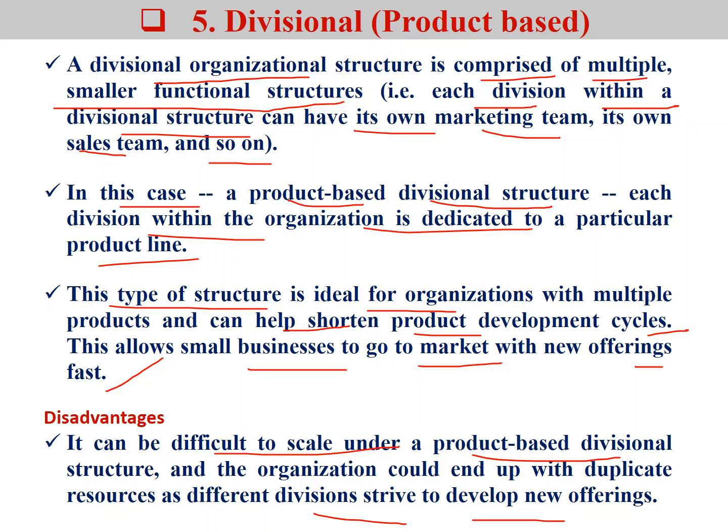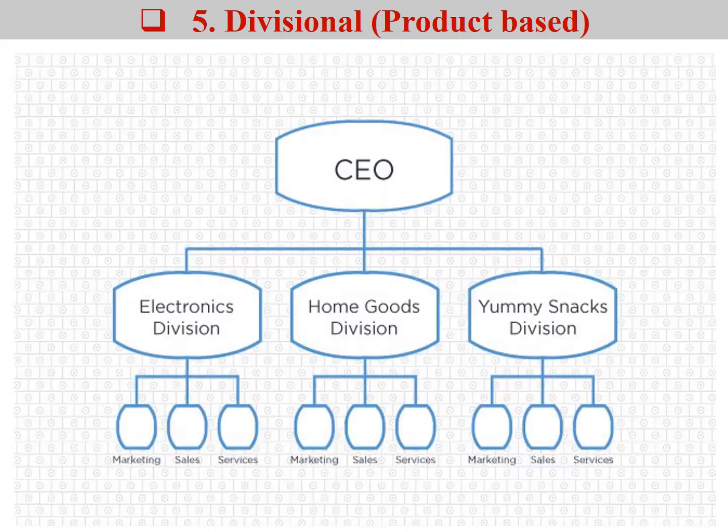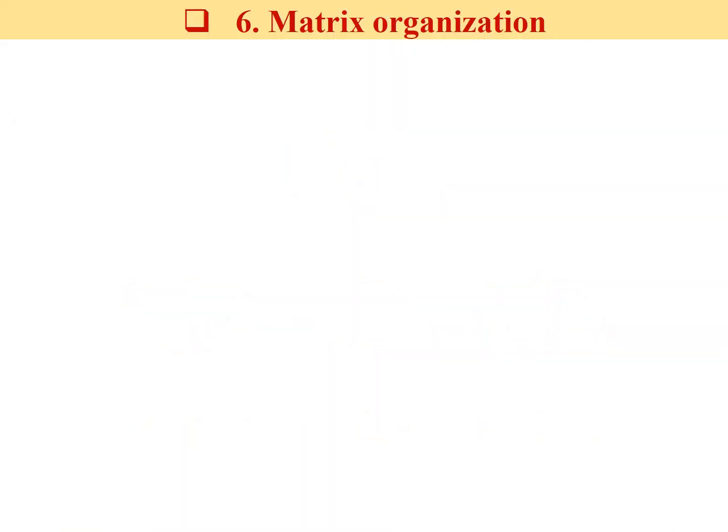Due to this, the divisional organizational structure is quite costly. For every division, separate facilities are required to be arranged, so the particular division may not justify its costs. Okay. See, this is the example for this division, home division, and this separate team is there.